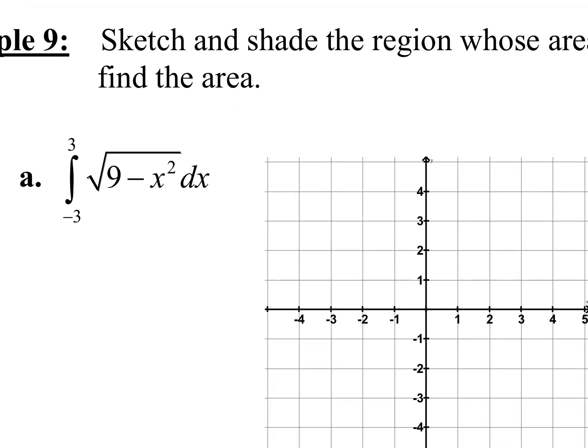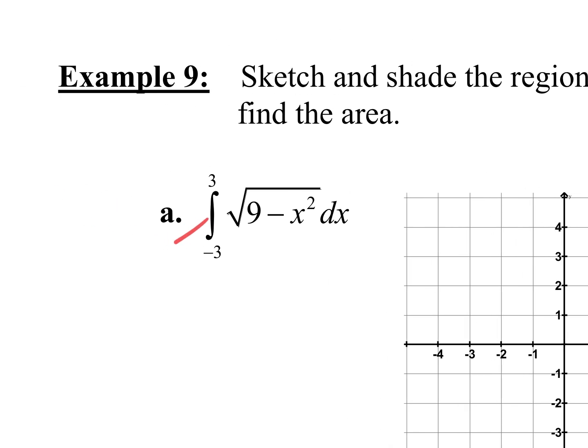Okay, so a few little notes that I want you to write on here is this little squiggly S thing. This is what we call an integral. This -3, this number on the bottom, is the x value you start at on the x-axis, and the number on the top is where you end on the x-axis.